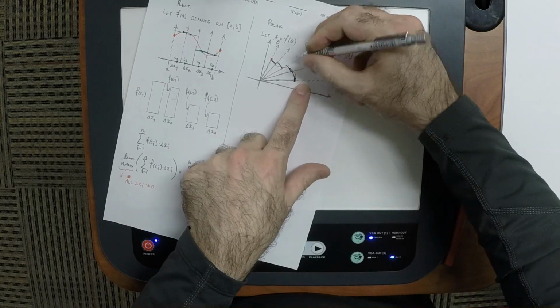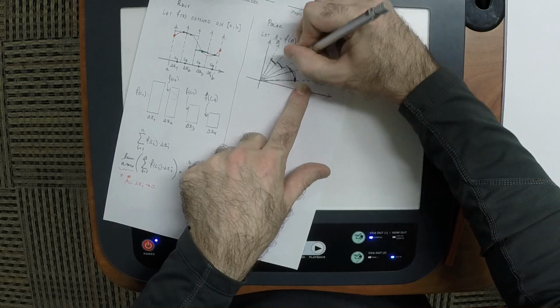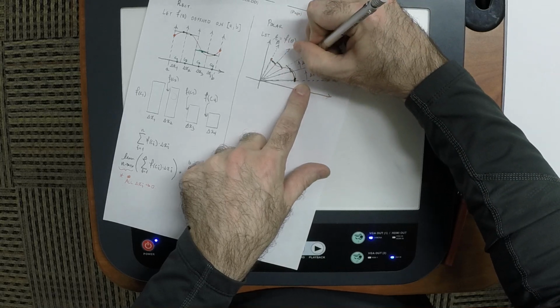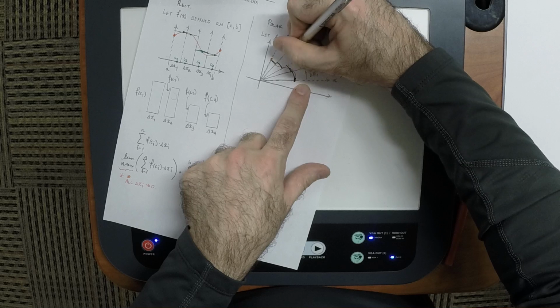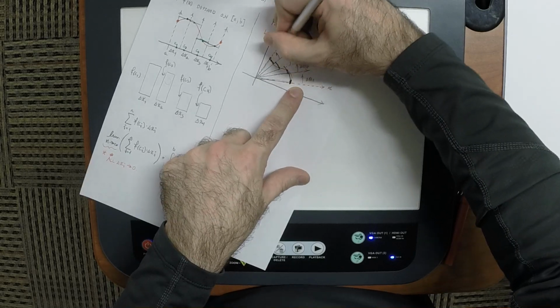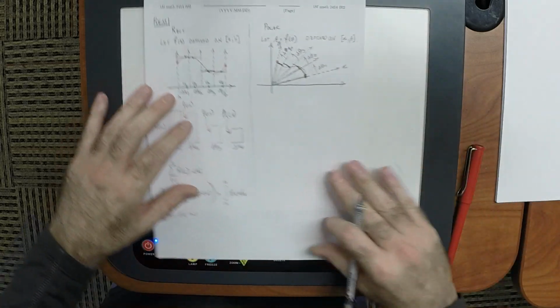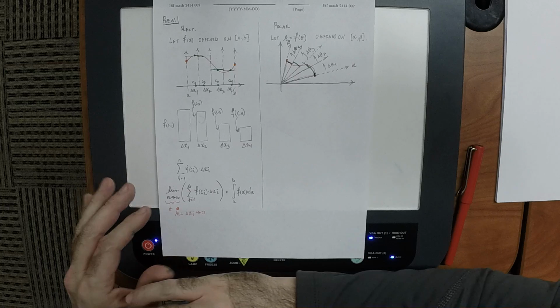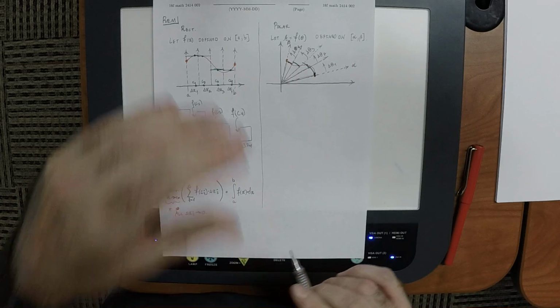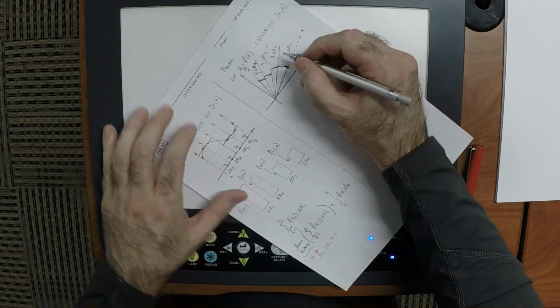So going this way, this will be delta theta 1, and this one will be delta theta 2, and this one will be delta theta 3, and this one will be delta theta 4.